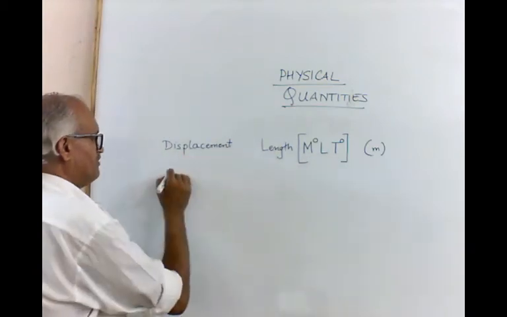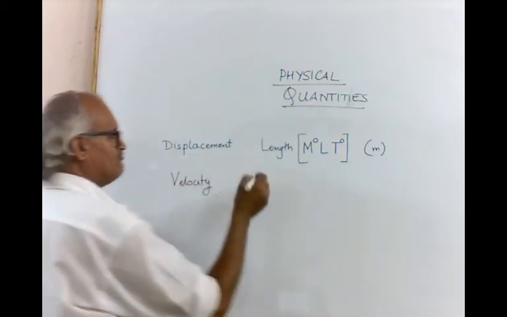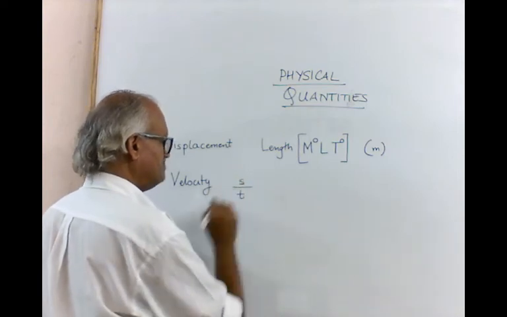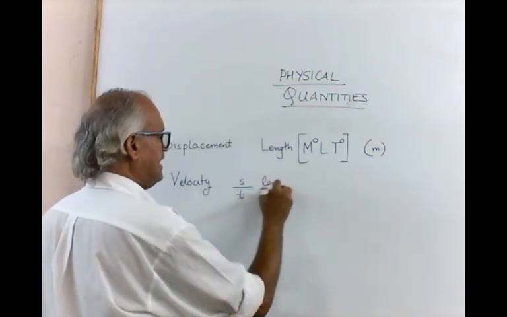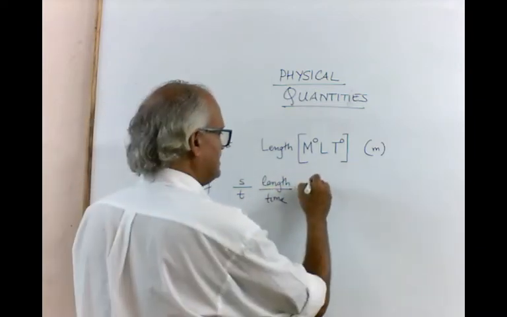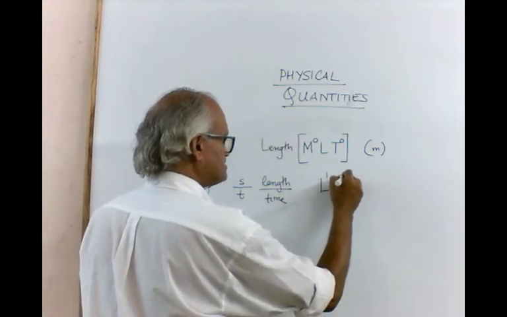अब नेक्स्ट स्टेप, वेलोसिटी। Velocity is a certain amount of displacement upon time, so it is a certain length upon time, so it is in a way L raised to 1, T raised to -1.